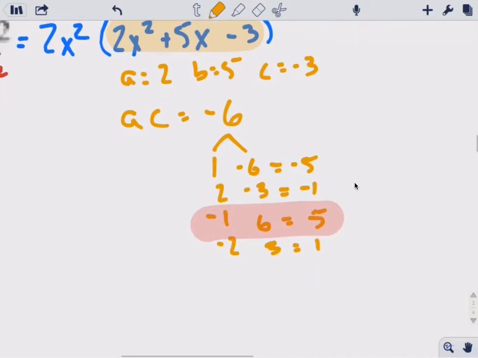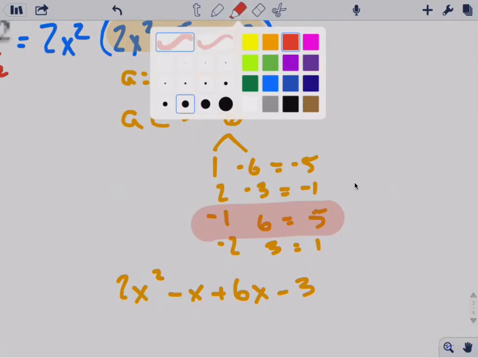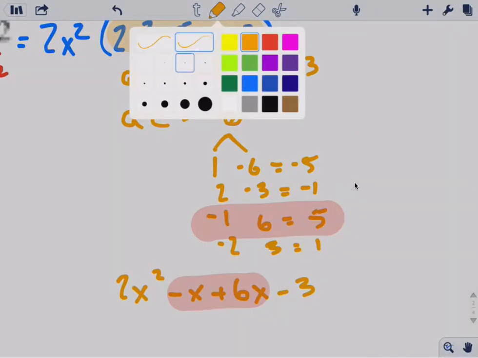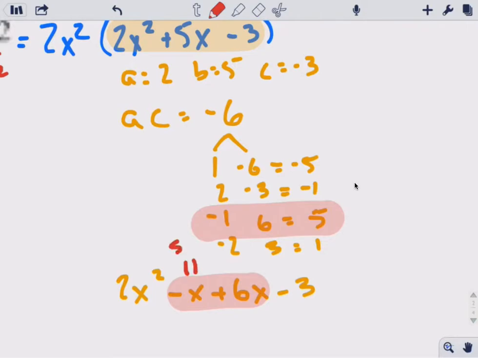So I've got 2x squared minus x plus 6x minus 3. Remember, I took this middle piece, and that piece is equal to 5x, which is what we had in the original.